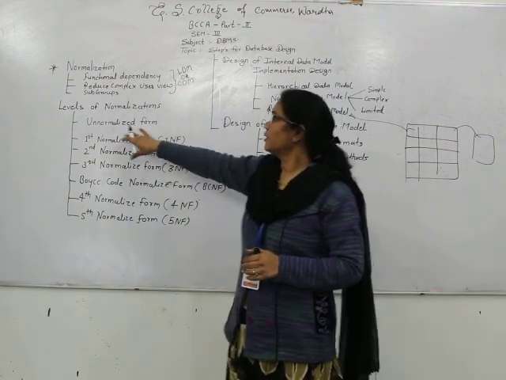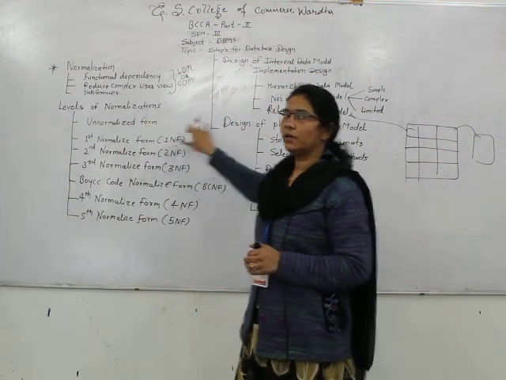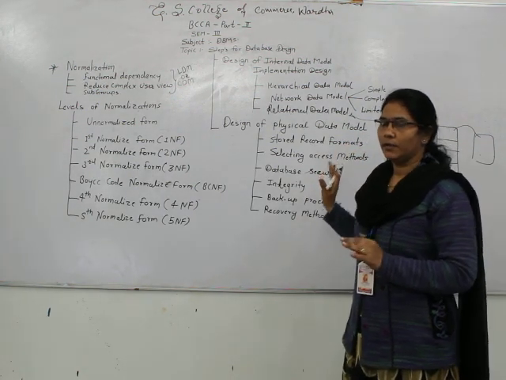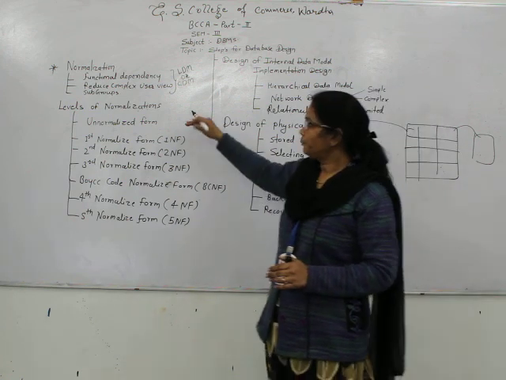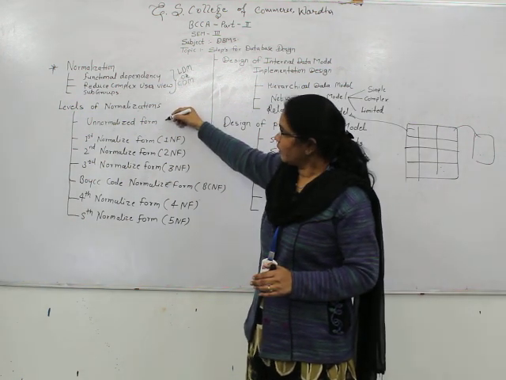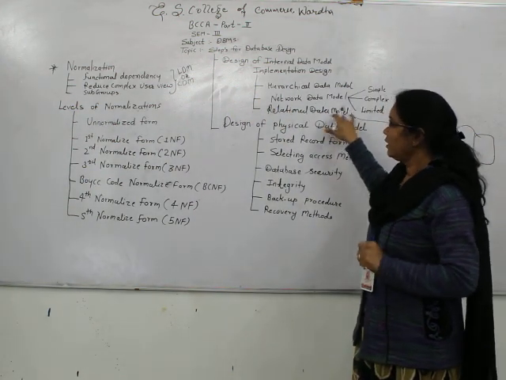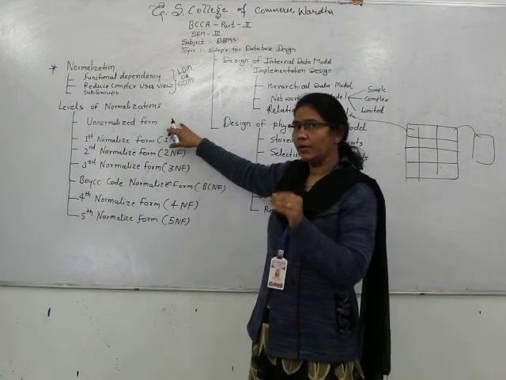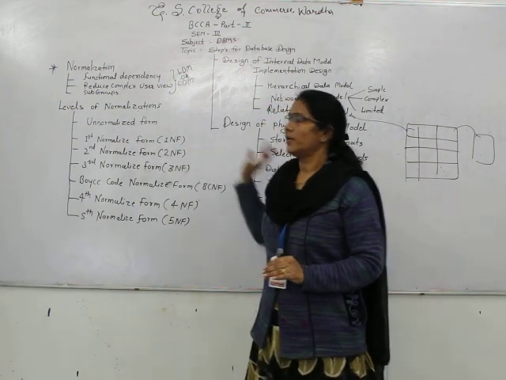The first level is the unnormalized form, which has all the properties of the relational data model, that is, entities, attributes, associations and all. When an entity has all these properties, it is said to be in unnormalized form.